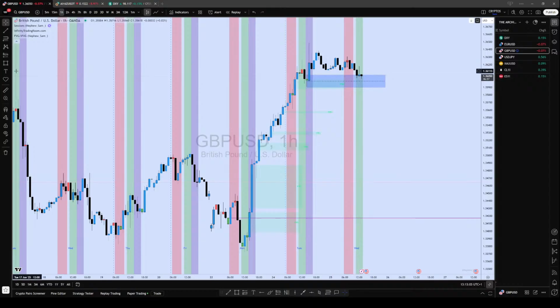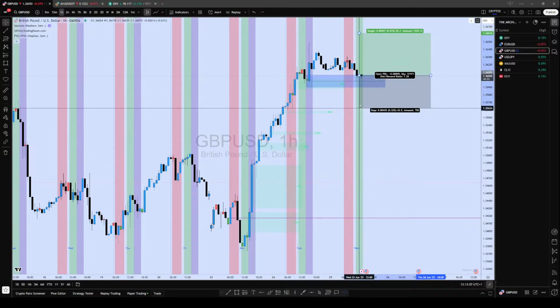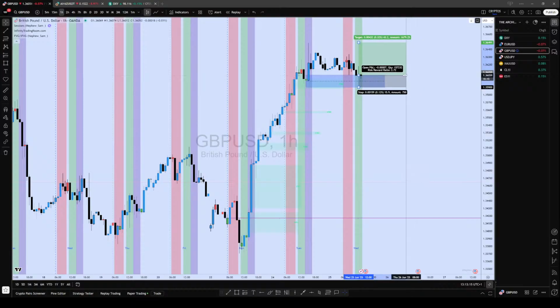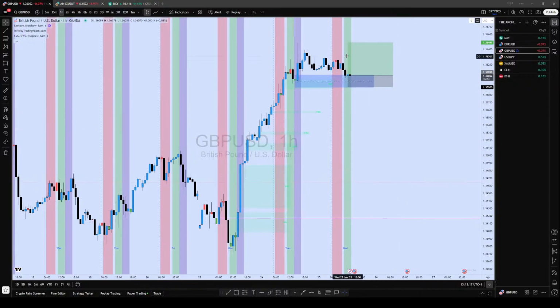Where we are, you buy exactly where we are, literally right now, with your stop loss below that, and you aim for this high for a day trade, and then maybe you leave something on for a continuation. If we can continue going higher, then you leave something on for a continuation.